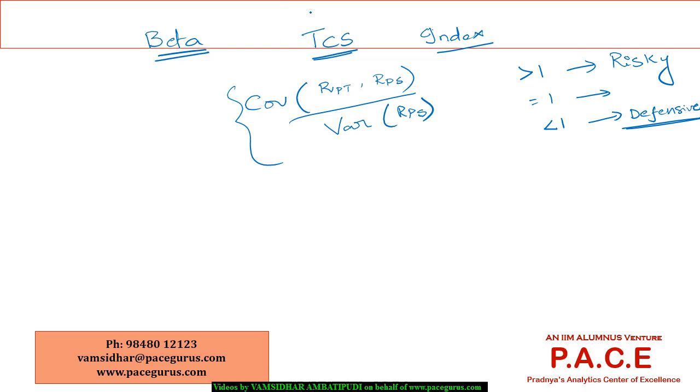Now, we have estimated the beta from the time series. This beta will go as an input along with the risk-free rate of return in determining the expected returns of TCS using the risk premium kind of an approach.